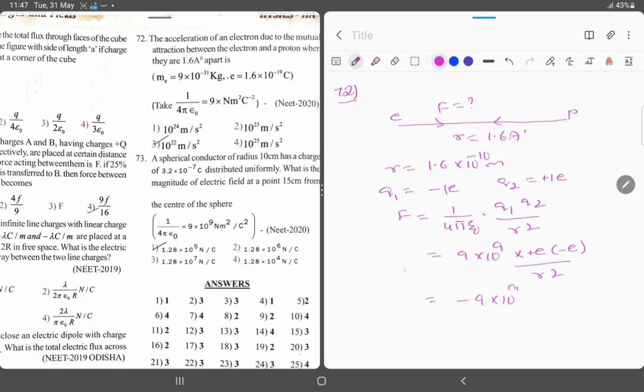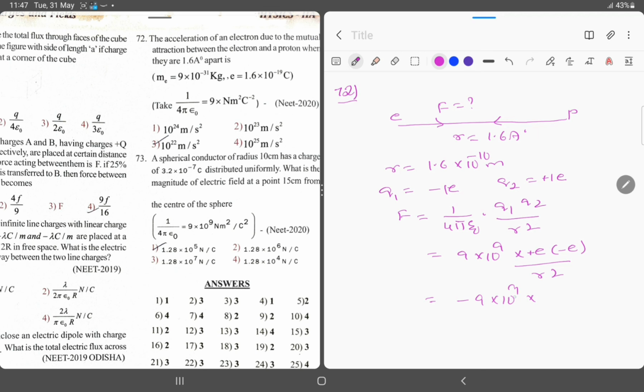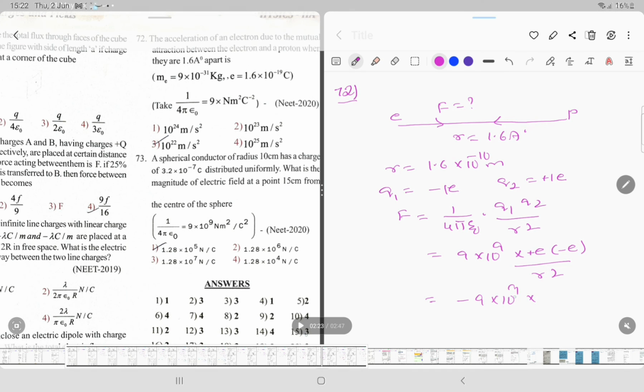If you observe here and let us substitute their values, the plus e is the charge of proton and minus the charge of electron. So plus into minus gives minus. The minus indicates the force is attractive.